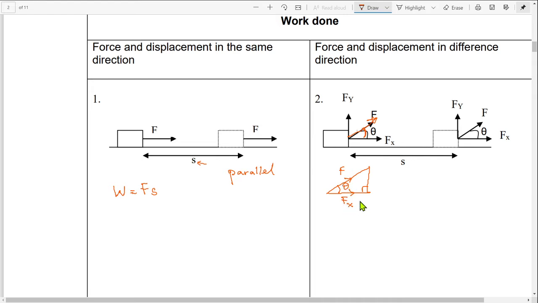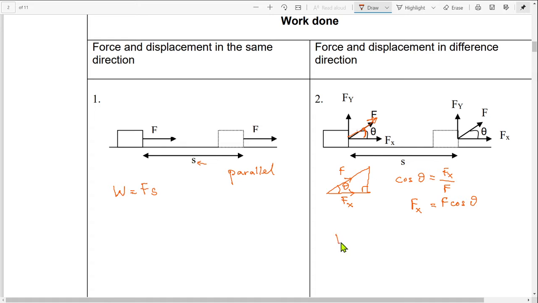We are interested in this F sub x. The angle and F sub x are adjacent, so we are going to use cos theta. So cos theta equals F sub x over F. Therefore, F sub x equals F cos theta.